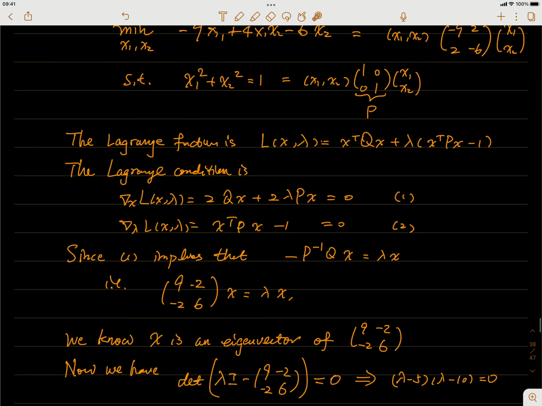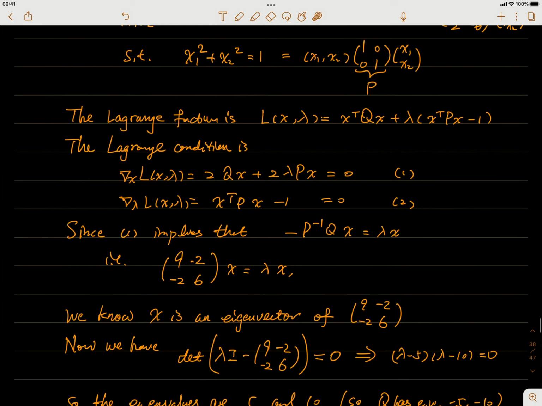It's pretty easy to compute that the eigenvalues of this are the roots of this quadratic function right here. That's the determinant of this. So we write lambda I minus this matrix, compute the determinant, set it equal to 0, and then we get a quadratic function of lambda. It's quadratic because this is 2 by 2.